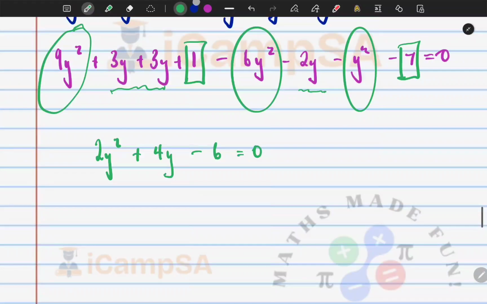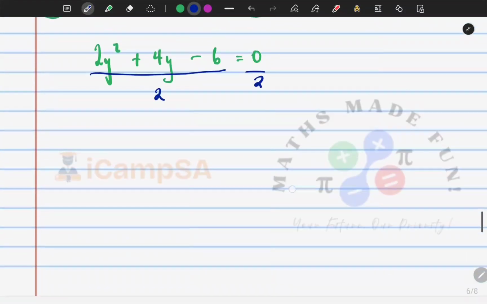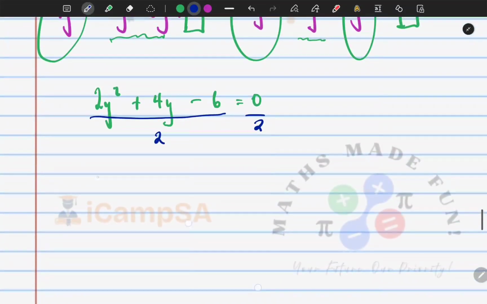So here I can divide everything by 2, right? So what I'm going to be left with is y squared plus 2y minus 3 equals to 0, right?